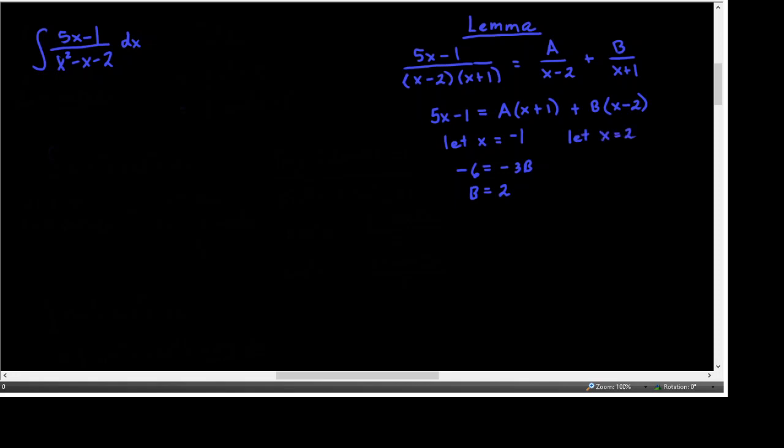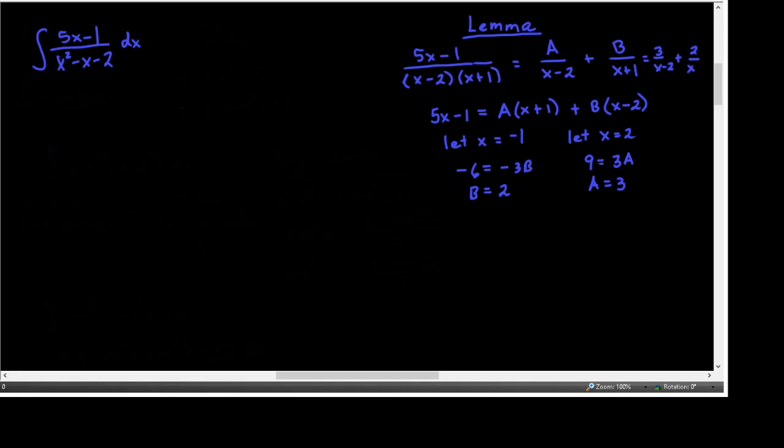On the left, 5 times 2, 10 minus 1 is 9. 2 plus 1 is 3, so 3 times A, plus 2 minus 2 is 0, so that term will be 0, which means we can solve for A, and it's 3. So we take that information up here to say that this is now known to be 3 over x minus 2 plus 2 over x plus 1.